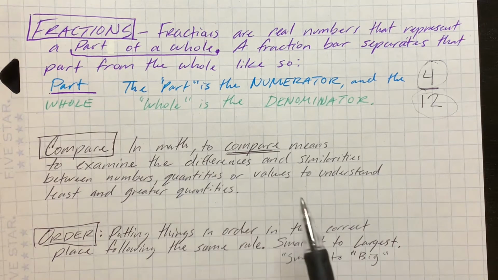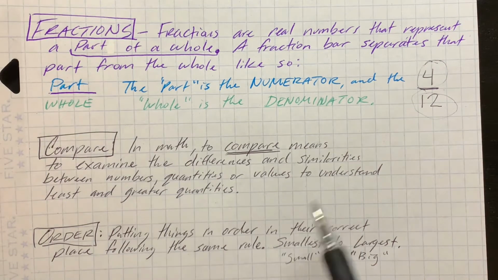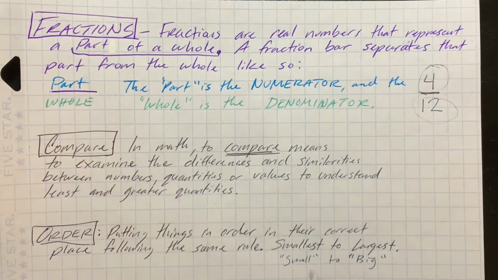Okay, so when we examine the similarities and differences, we look at the numbers, the quantities and the values, and we want to understand which number's bigger, which number's smaller, especially when we order them, when we put things in order in the correct place following the same rule. In this case, when we're told to put the numbers in order from least to greatest, we're putting them in order from the smallest number to the biggest number. Okay, that's the rule here, smallest to biggest. So let's compare and order fractions, decimals, and percents.